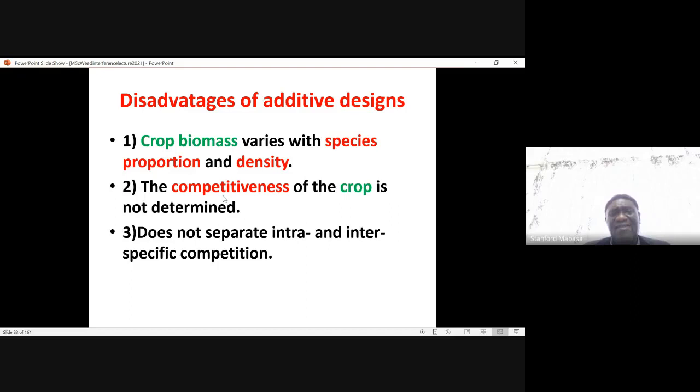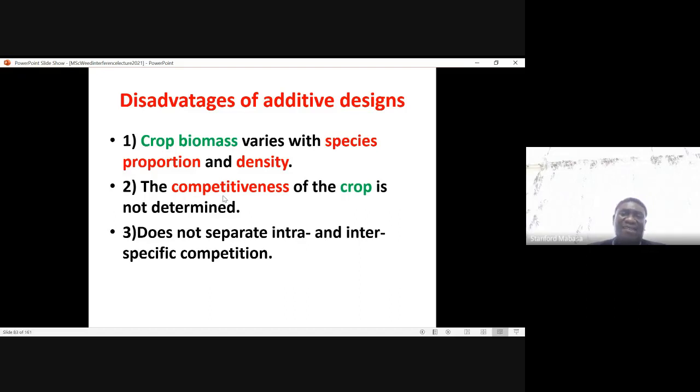Now, in this additive design, there is competition. There are two types of competition. Maize can compete with maize, and weeds can compete among themselves.